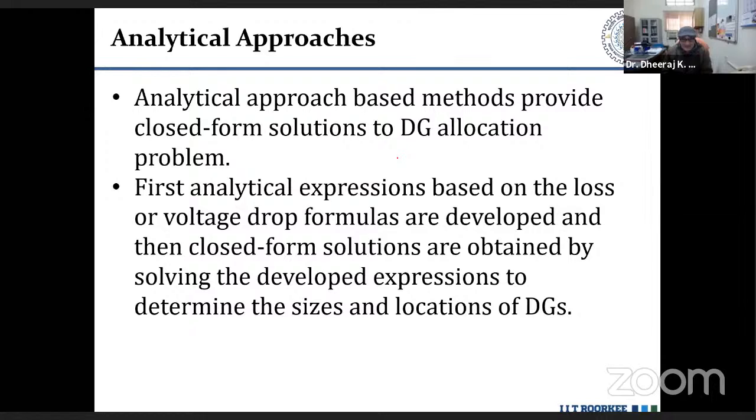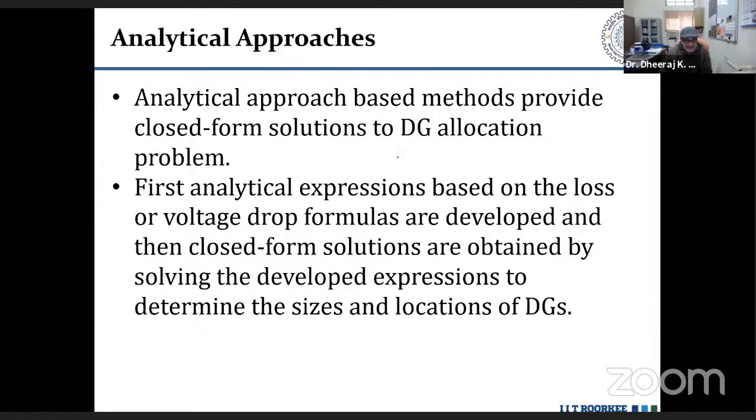For this purpose we have to develop suitable expressions based on losses or voltage drop or any other objective that we aim for, and then solve those expressions to obtain a closed form solution for the size and location of DG.